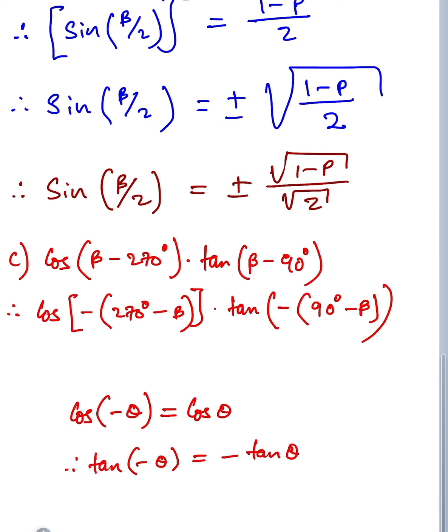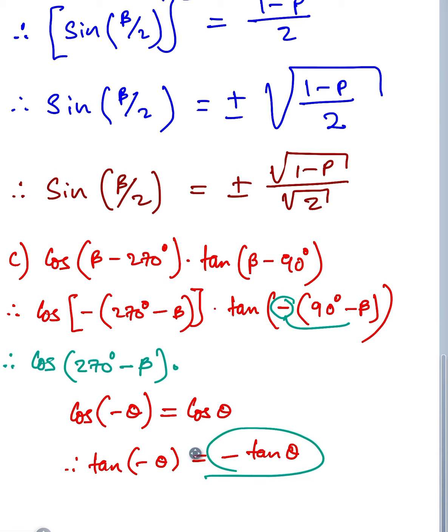Pay attention largely. This will then mean that that negative is going to be taken care of, because this is the negative of the angle, which because it belongs now in a cos, it becomes a positive of cos of the angle itself, which is 270 degrees minus beta, and then multiply by, now check, this is the negative of the angle, so it's gonna be negative of the angle itself.